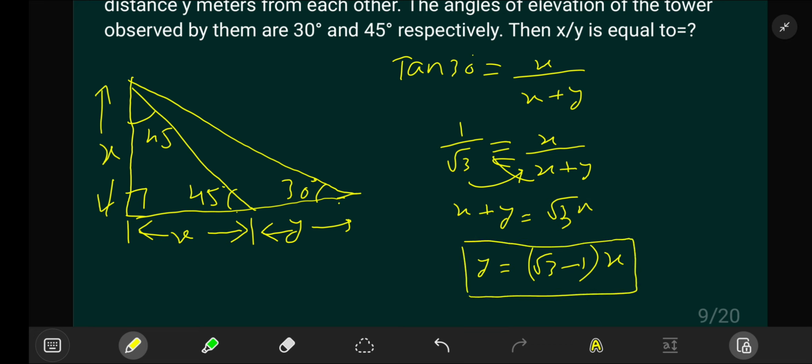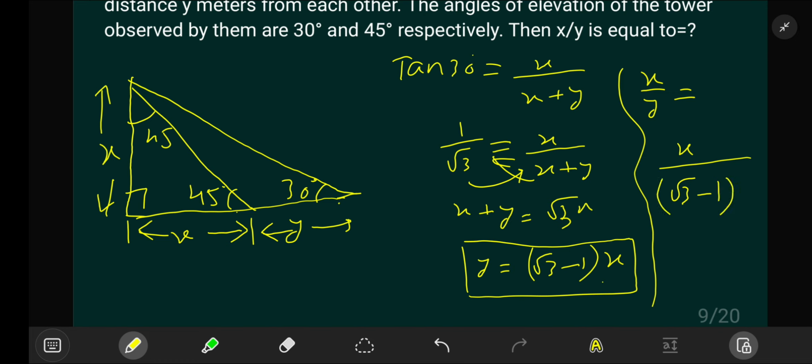Now they are asking what x divided by y is. x is x only, and y is root 3 minus 1 into x. x gets cancelled.